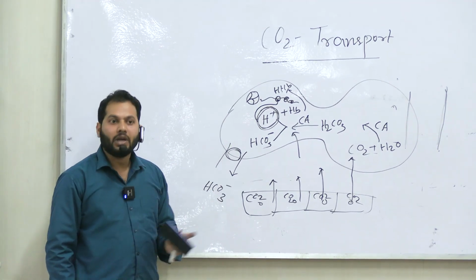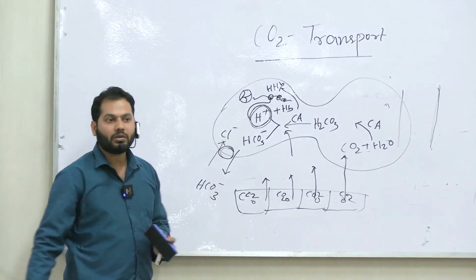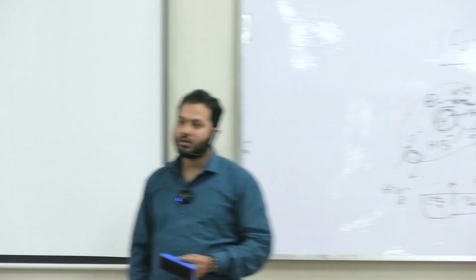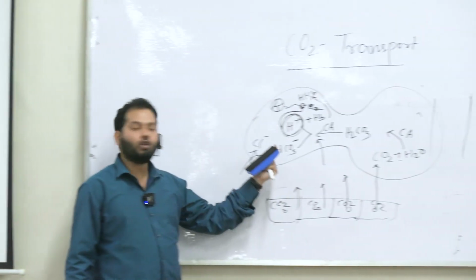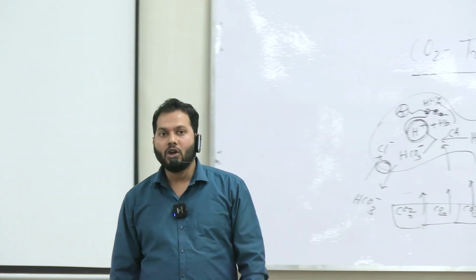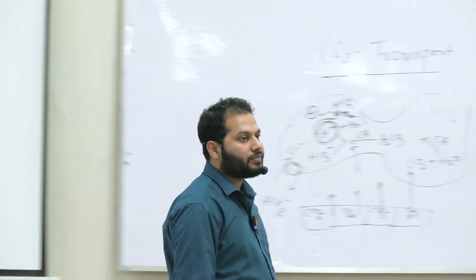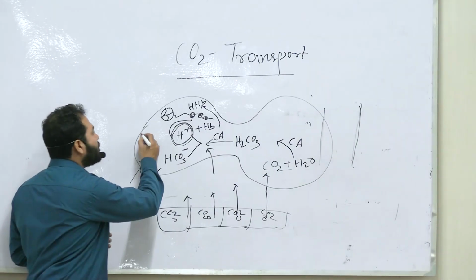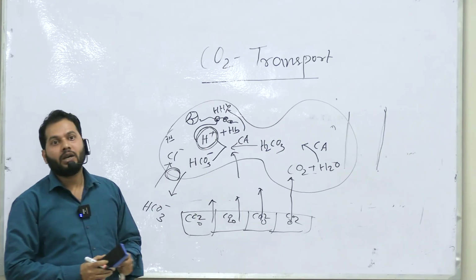At the same time, the exchange basically occurs with the chloride ion, and the exchange between bicarbonate and chloride is known as chloride shift. So why is this chloride shift important? It is important because to maintain the pH only, right? To maintain the pH only.